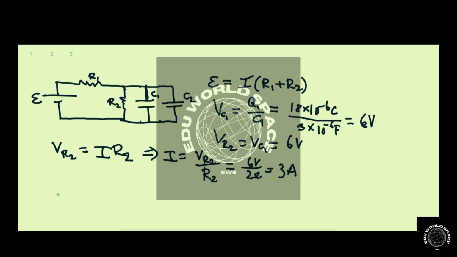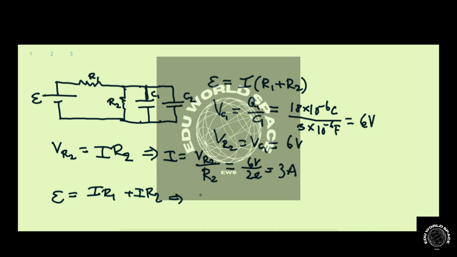So we have this equation: E is IR1 plus IR2, and we know E, we know I, and we know R2, but we need to find R1.